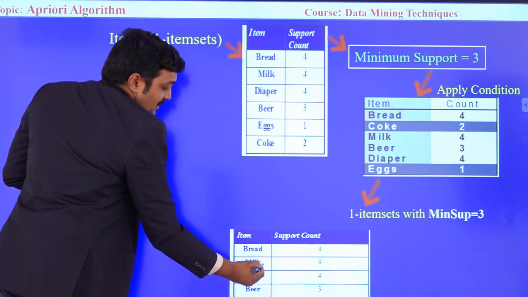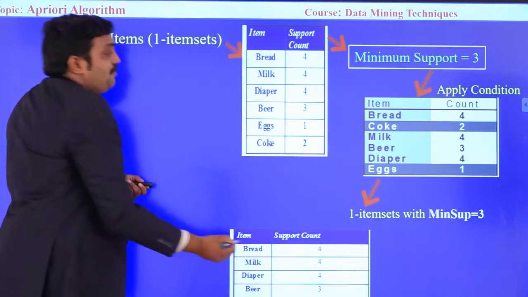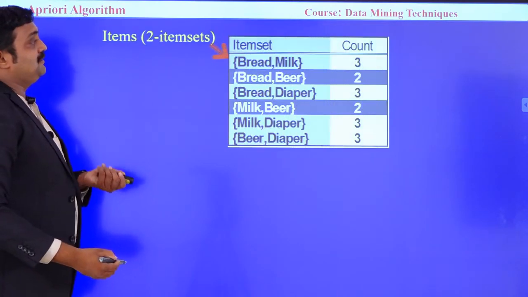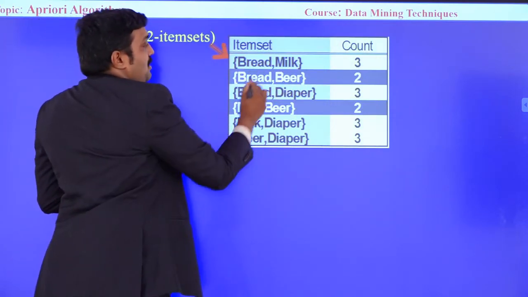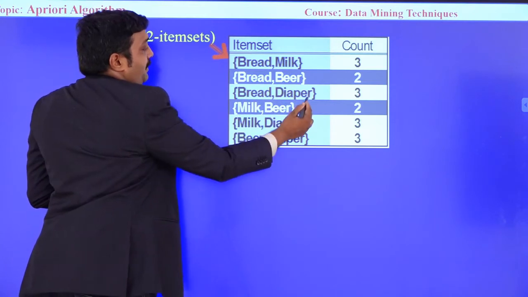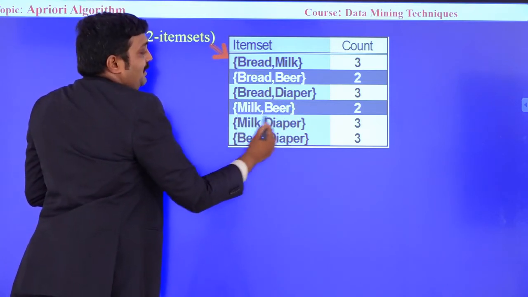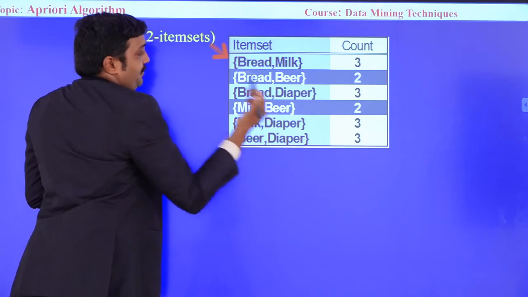That means the combinations are bread-milk, bread-beer, bread-diaper, milk-beer, milk-diaper, beer-diaper.